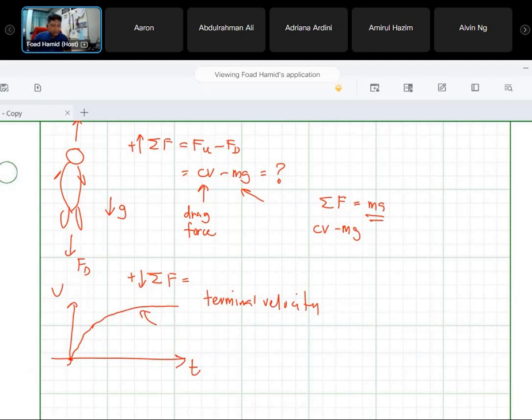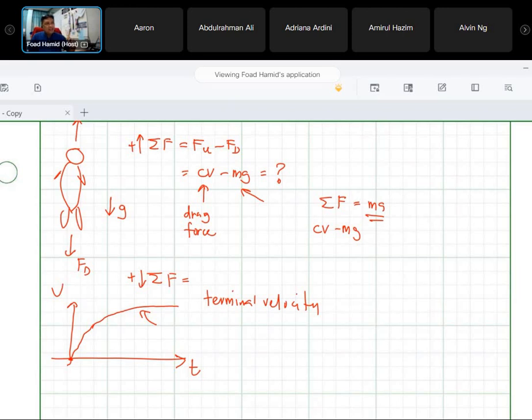So how do we do this? If you look at the next slide, this is the governing equation.